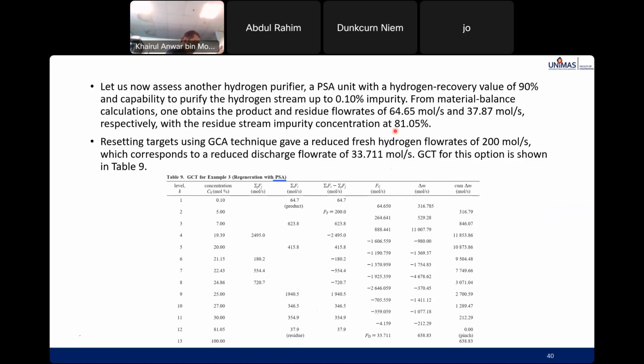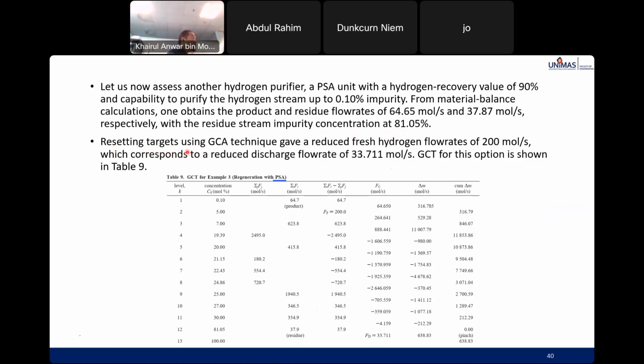For membrane, it is not residue, it is retentate. Retentate is 89%. This one is only 81%.